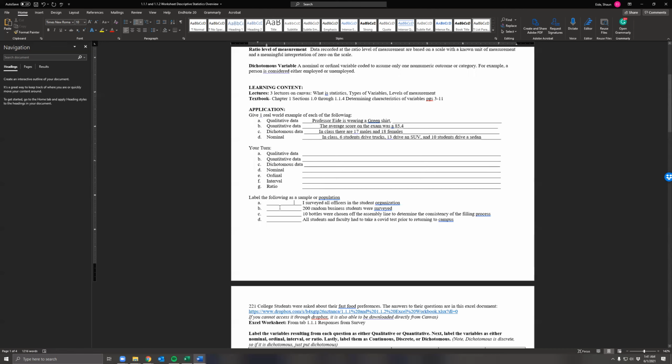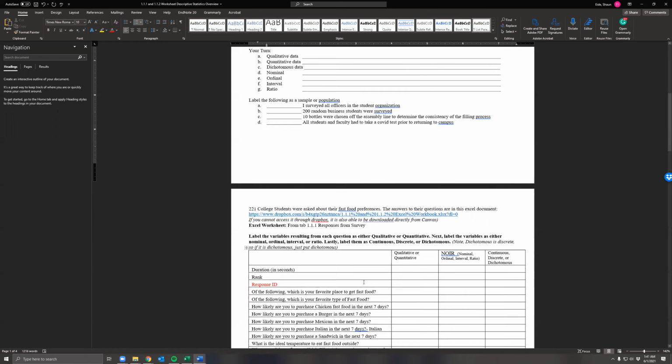The question is, are you surveying just a part of the people, or are you looking at the whole group? When you see the word all, you might be looking at the whole group. Or when you say 200 random business students, maybe you're only looking at part. The whole is the population, part is a sample.